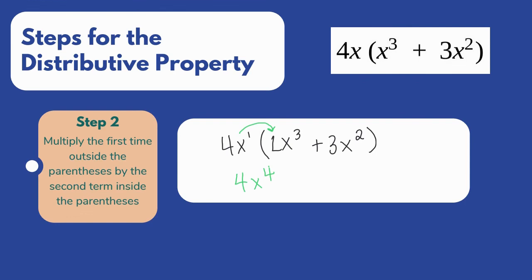So our second step is now we'll take our term outside of the parentheses and multiply it by the second term inside of the parentheses. So now we'll do 4 times 3, which is 12, and x to the first times x to the second, which is x to the third. I have an addition sign inside of my parentheses, so I will bring that down.